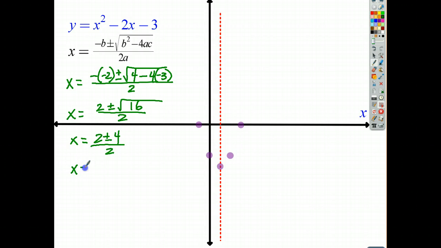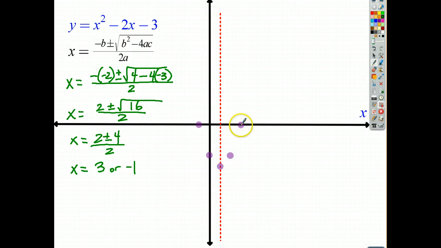So 2 plus 4 is 6, 6 divided by 2 is 3, or 2 minus 4 is negative 2, divided by 2 is negative 1. And you'll notice I actually have these already written out here for us. So right here, this is what this would look like.